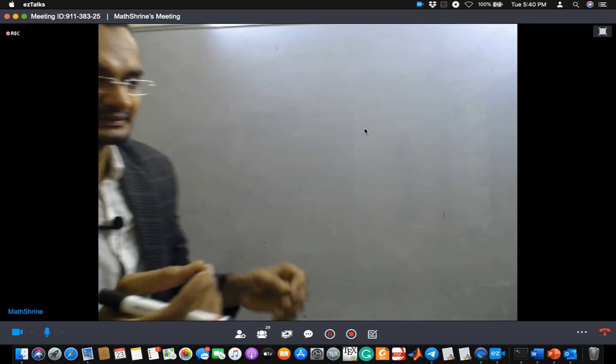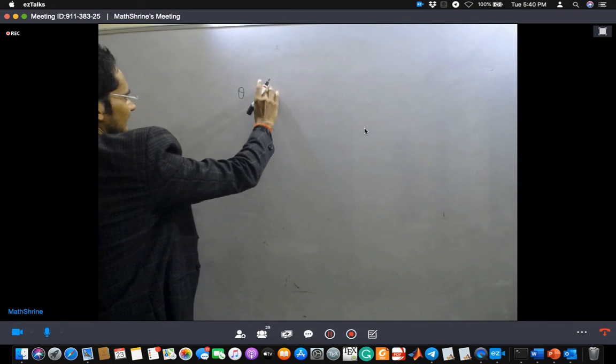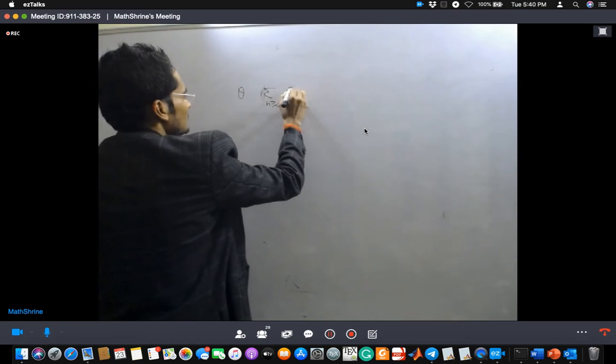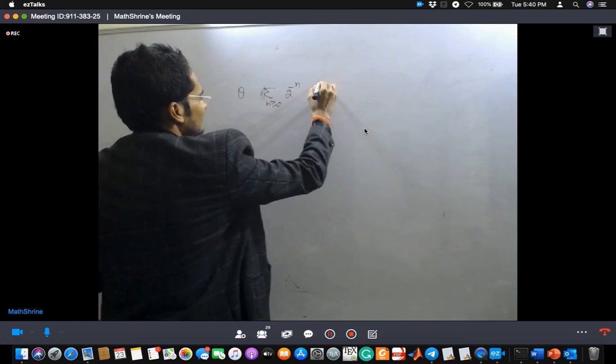Okay, so let us write some more questions. We can change this question slightly and see what happens. Instead of that question, take the expansion, sum over n greater than or equal to 0, of 2 raised to the power minus n, z raised to the power 2n.